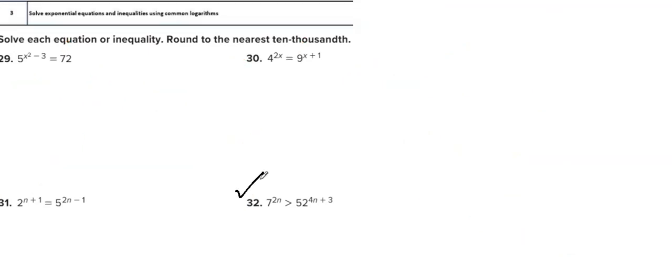Now look at question number 32. Again, take log on both sides. Log of 7 power 2n greater than 52 power 4n plus 3. Taking log on this side, the power will come in front.